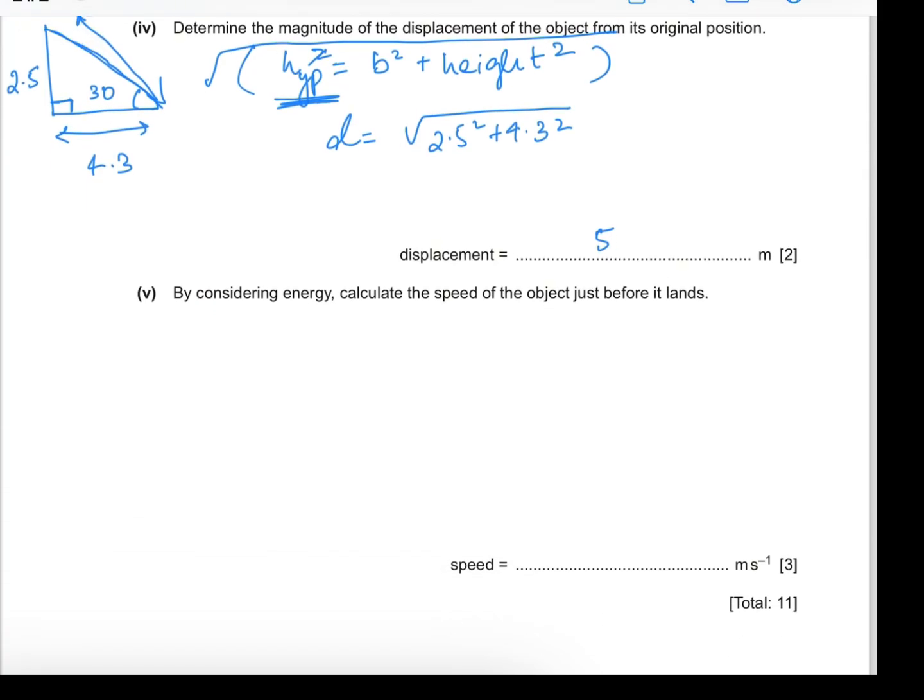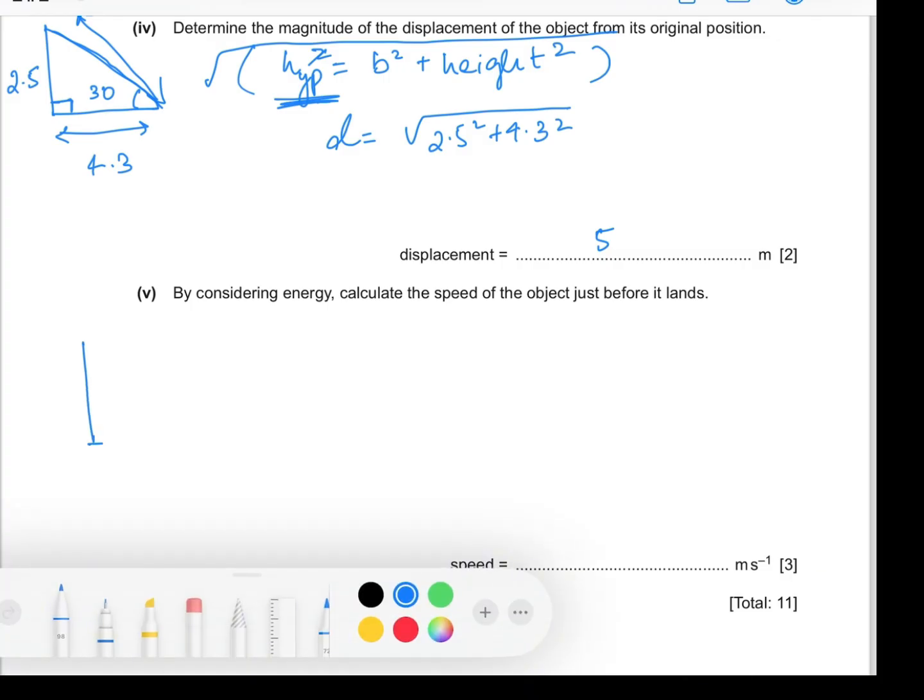What they really mean here is to consider the change in energy of the object between the final and initial positions. Here's the initial position, where the object has horizontal velocity, and it is at a height of 2.5 meters from the ground.